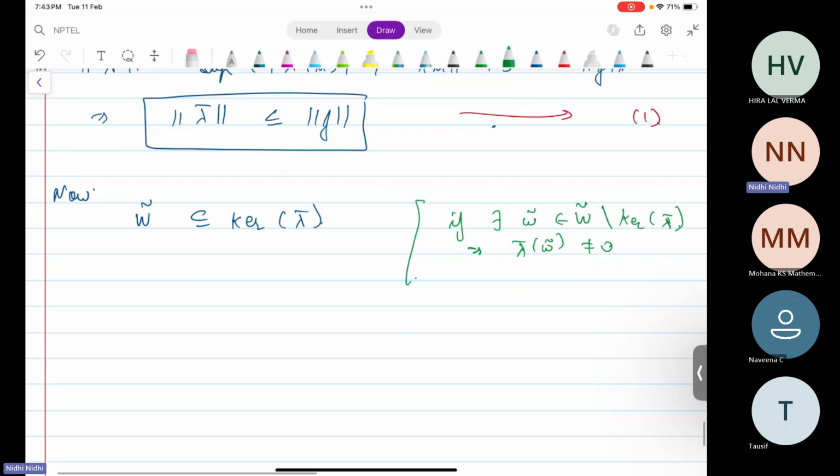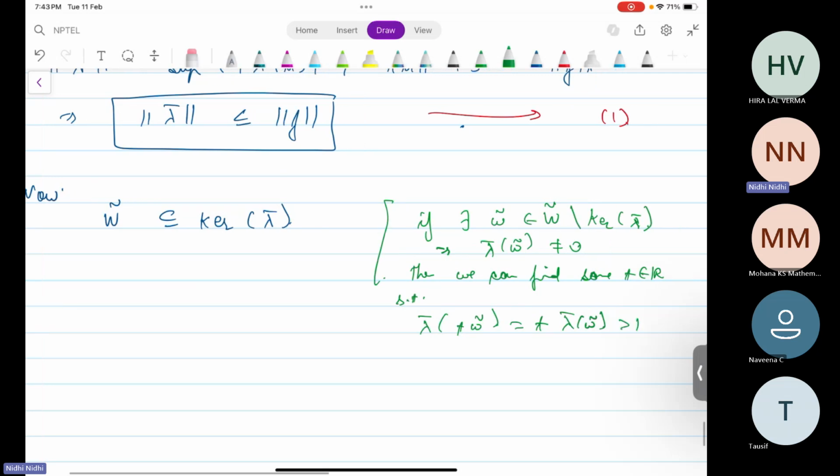Then we can find some real number t such that lambda bar of t w tilde, which is equal to t times lambda bar w tilde. Now since lambda bar w tilde is a constant, I can make t large enough so that this is strictly greater than norm f. Because norm f is a constant, I can take t large enough so that I get this inequality.